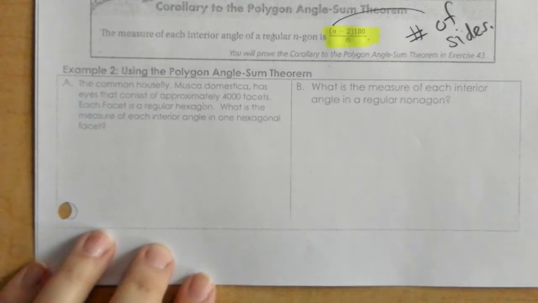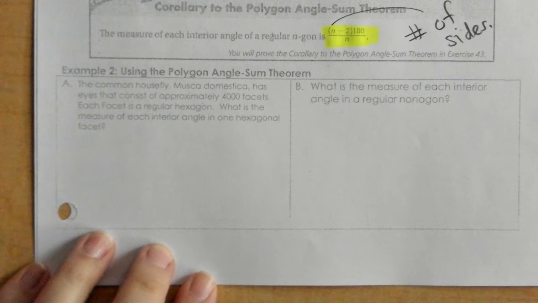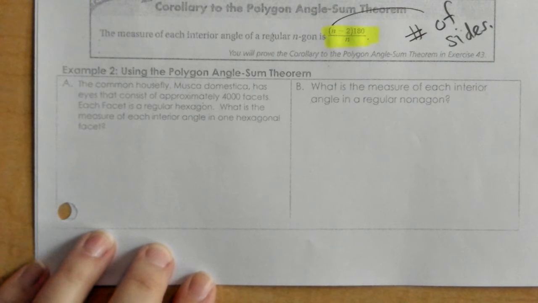Okay, so here, for this example, the common housefly has eyes that consist of approximately 4,000 facets. Each facet is a regular hexagon. What is the measure of each interior angle in one hexagonal facet?